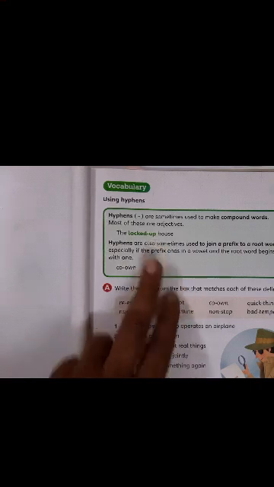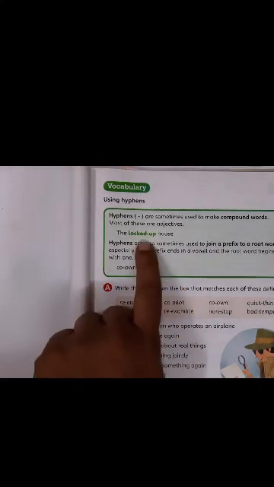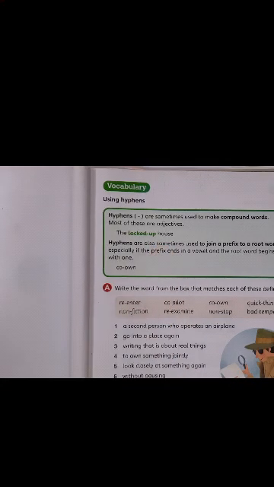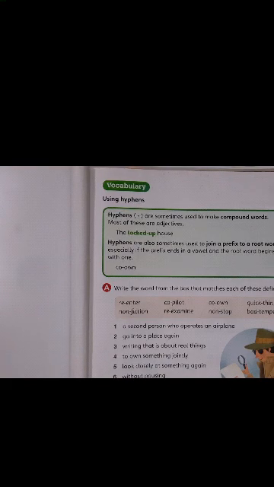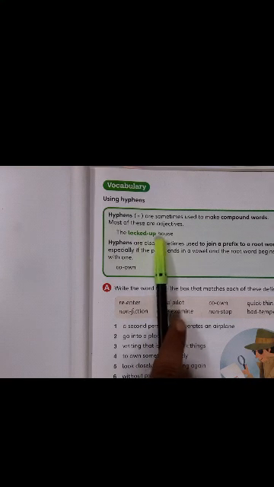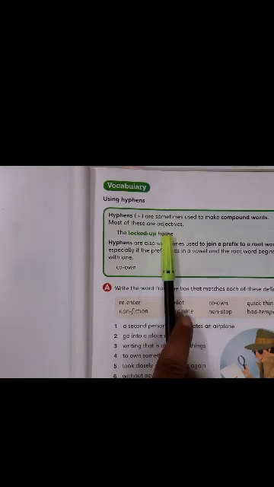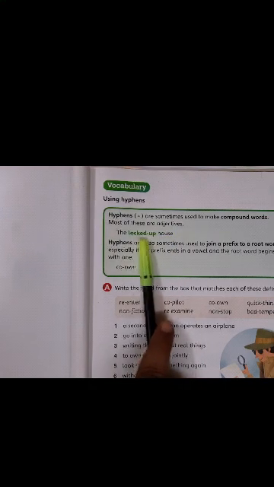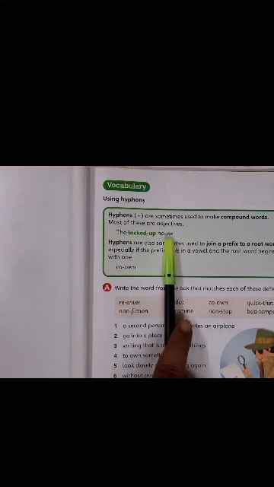Now children, which is an adjective over here? Locked-up. And which is a noun over here? House. So children, when you use hyphens, there should be an adjective and then the noun should follow. What I mean to say is locked-up is your adjective and house is your noun.